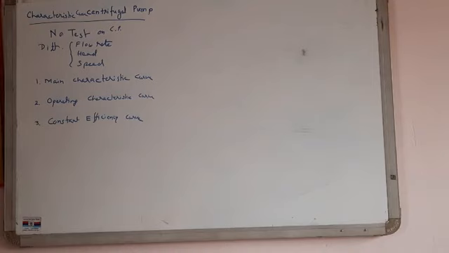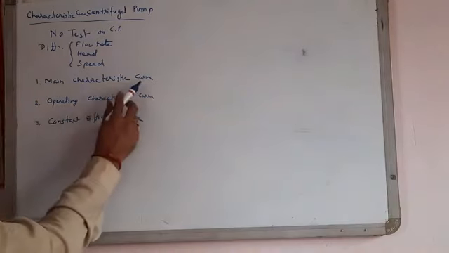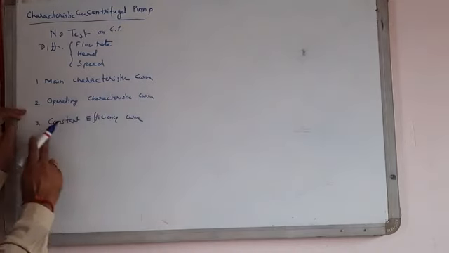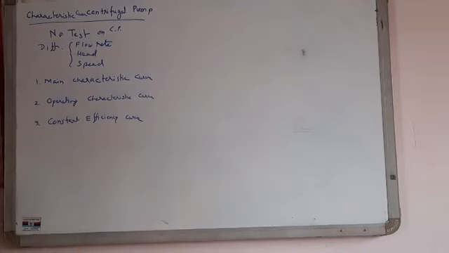The following are the important characteristic curves for the pump. Main characteristic curve, second operating characteristic curve, third constant efficiency curve. The main characteristic curve of a centrifugal pump consists of variation of head, manometric head, power and discharge with respect to speed.